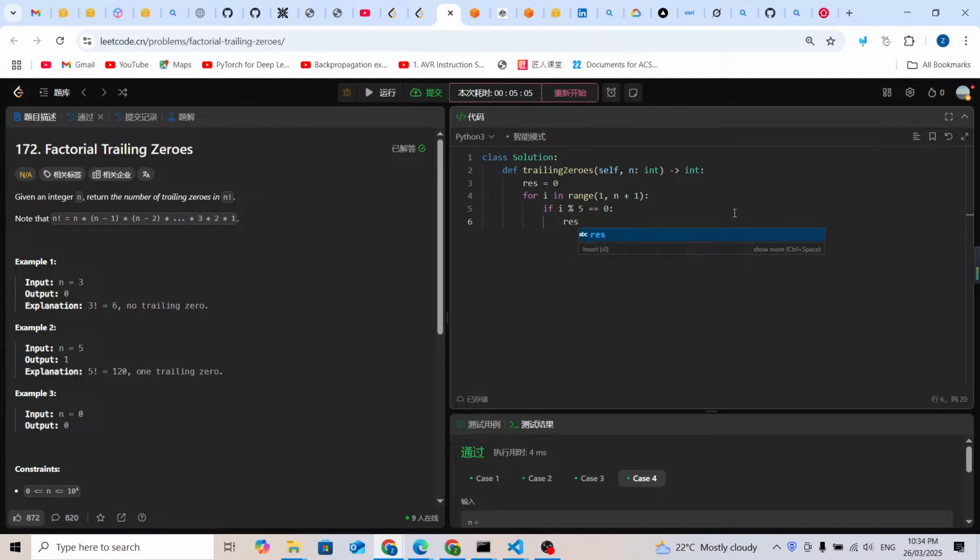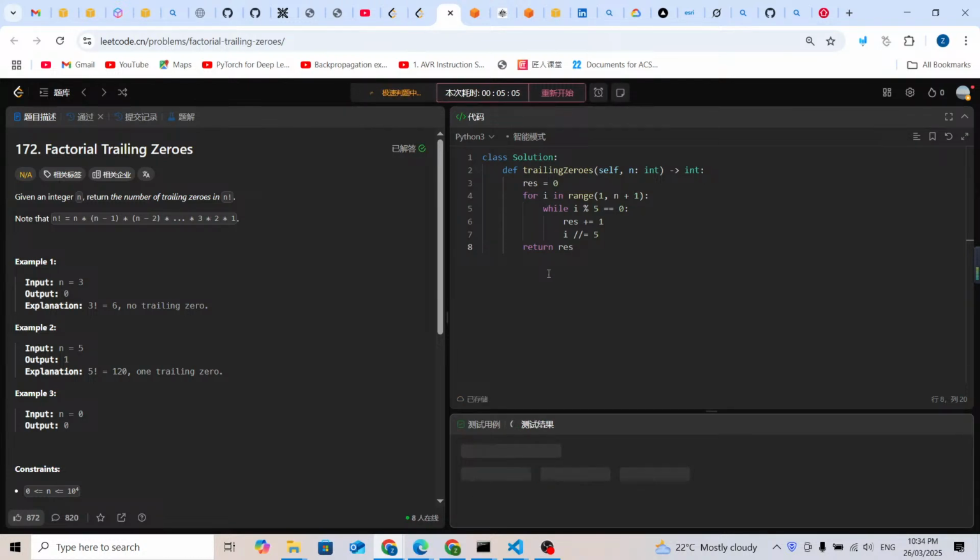So result plus equals 1, and i equals i divided by 5. Here we use a while loop, and while it meets the condition, we update the result. Finally, we return the result. This checks from 1 to n how many zeros.